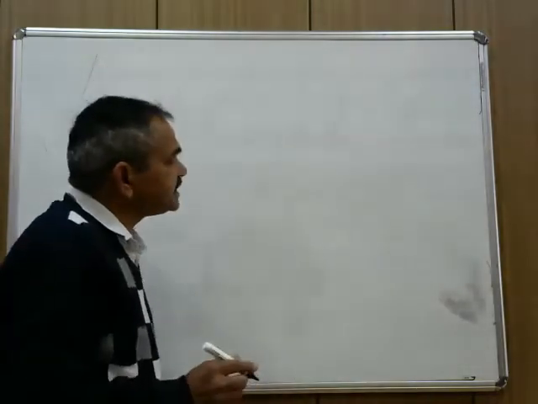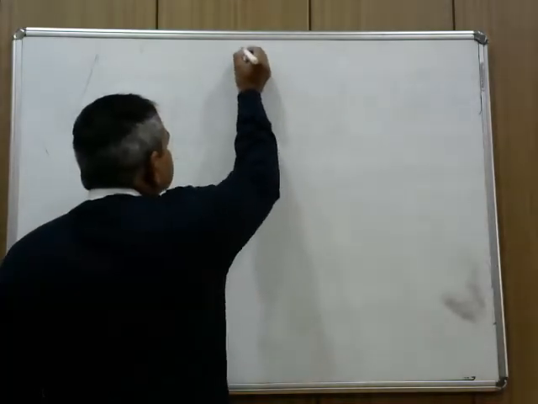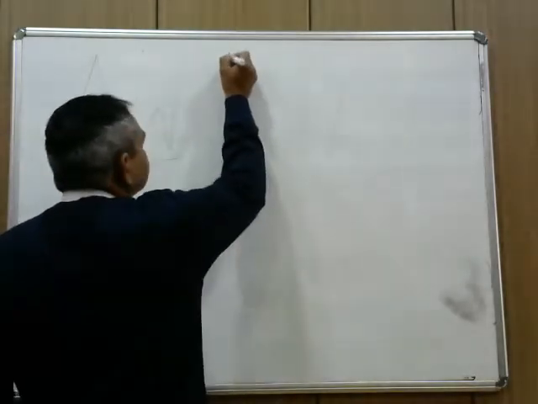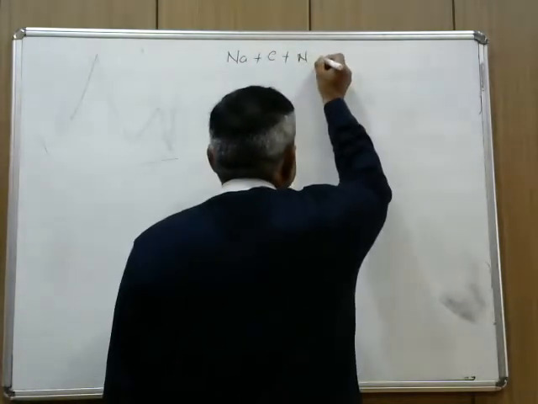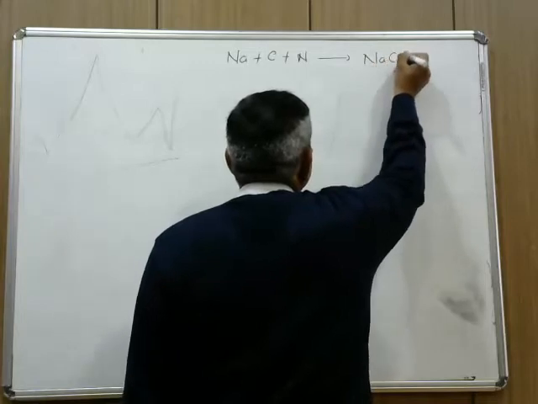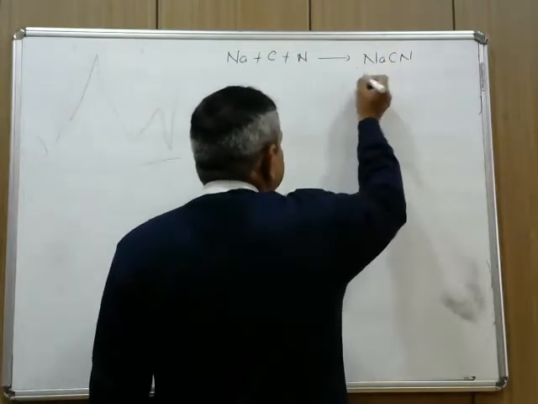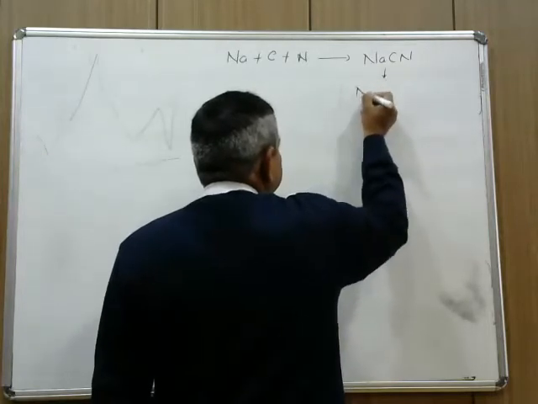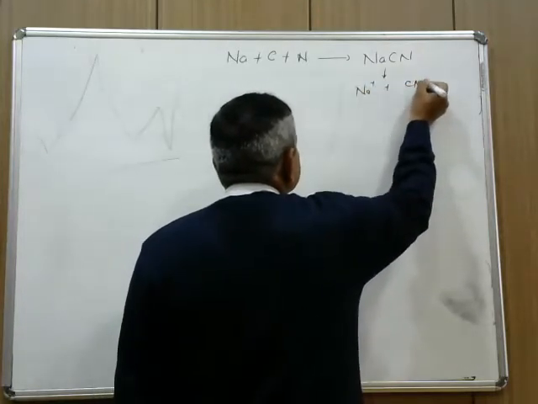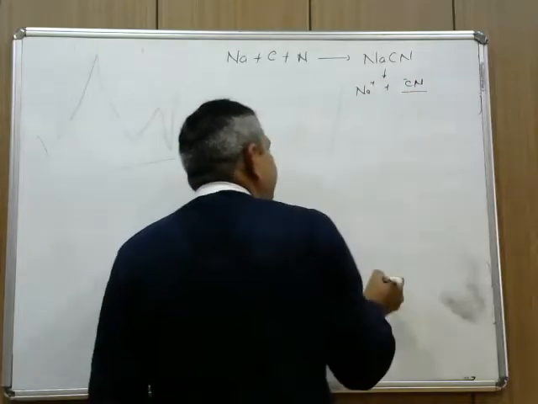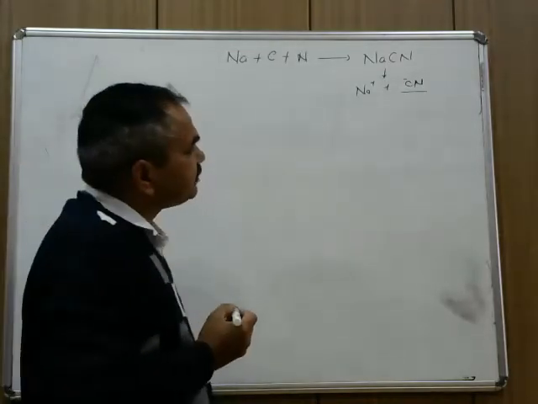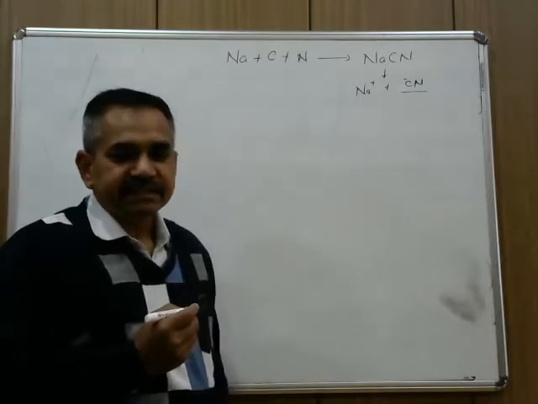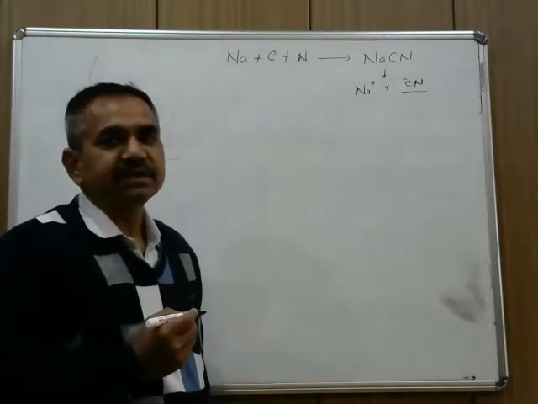During preparation of Lassaigne's extract, sodium reacts with carbon and nitrogen present in the organic compound to form NaCN, and this NaCN is an ionic compound. It's actually Na+ and CN- cyanide ions, and during the procedure we detect the presence of these cyanide ions, which in turn confirms the presence of nitrogen.